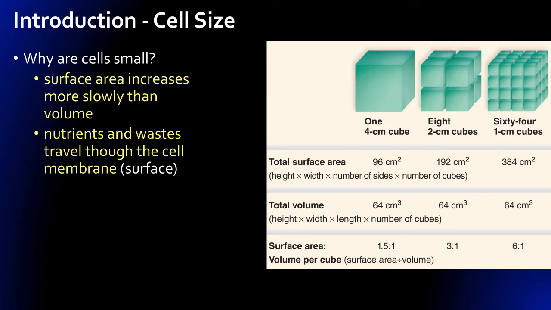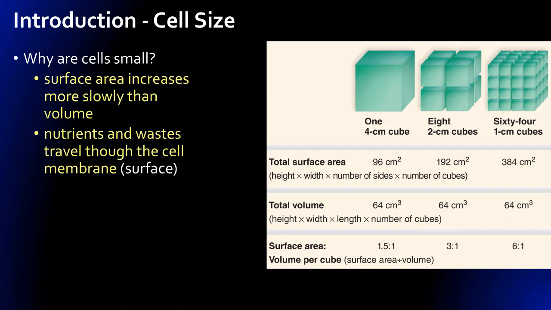So as we take a look at some of these cells over here, we have a single 4-centimeter cube. We could divide this up instead into 8 2-centimeter cubes, or even as small as 64 1-centimeter cubes. So depending on how long they are on each side, if we have cubes, we get more and more individual little cubes in here, but we keep the volume the same.